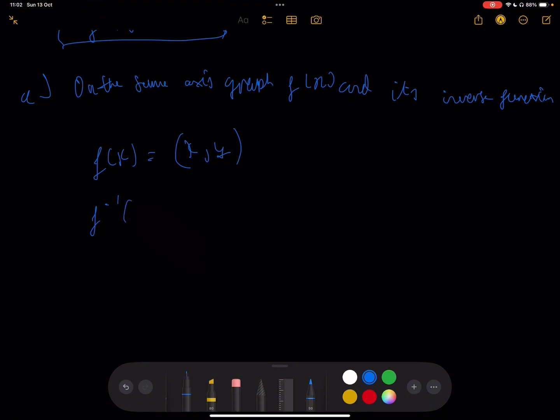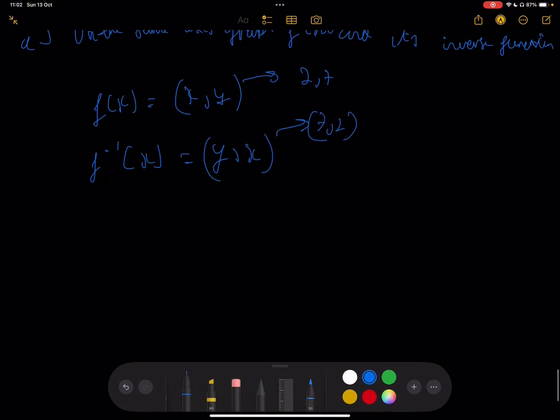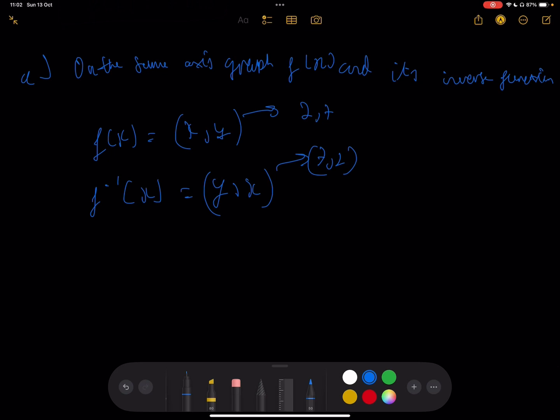For f minus 1 of x, it would have these same coordinates but in the form of y, x. So let's say a random coordinate 2, 7. The inverse point would be 7, 2. This is how it would be reflected through the line y is equal to x. And also, all the vertical axis intercepts become the horizontal axis intercepts for f minus 1.